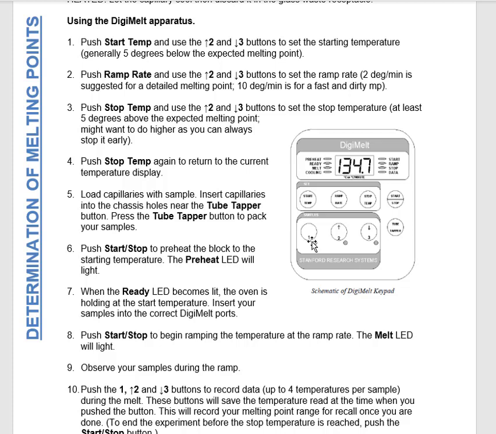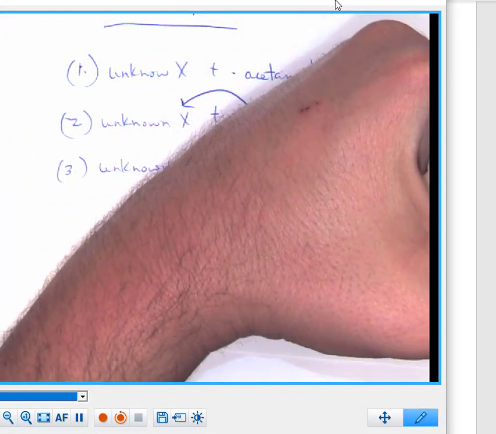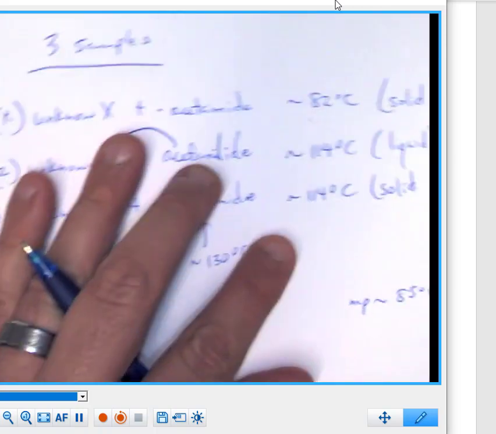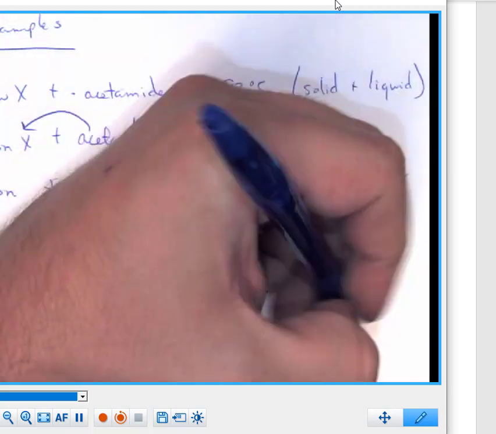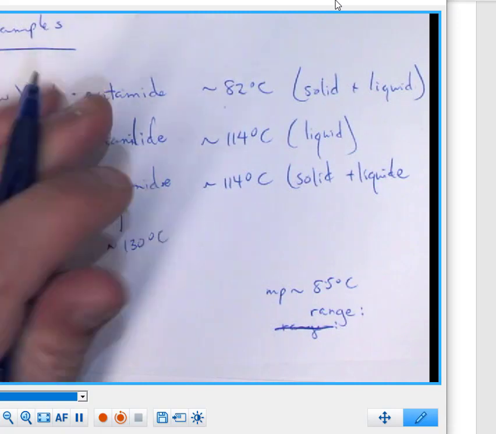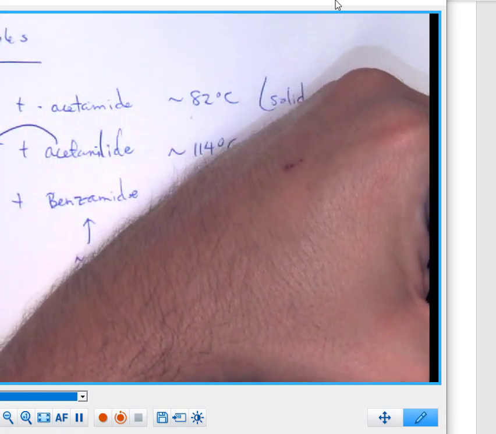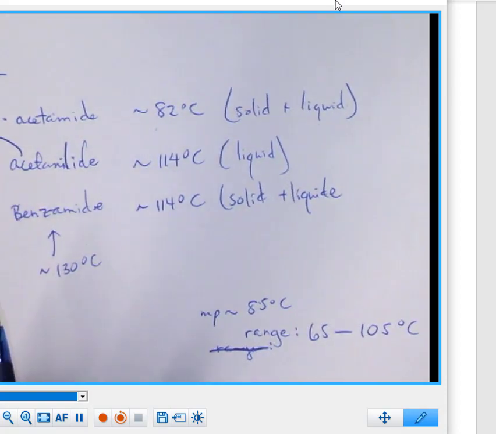So if your melting point was roughly 85 degrees C, then the range you would want to look at in the Digimelt would go, say, 65 to 105 degrees C. All right, that would be the best range to look at there.